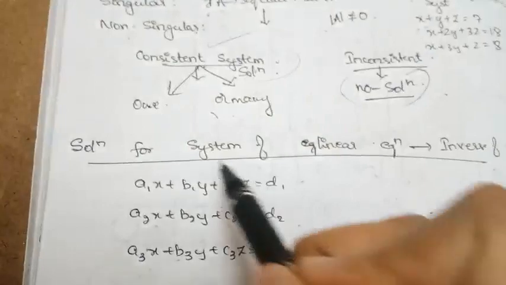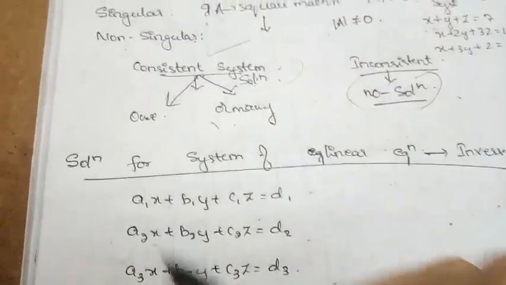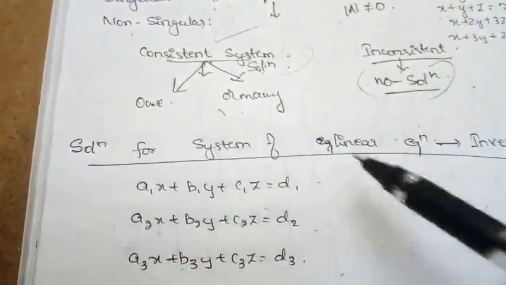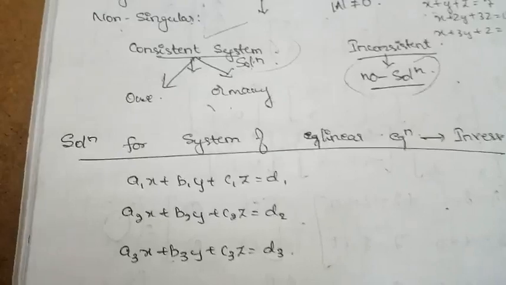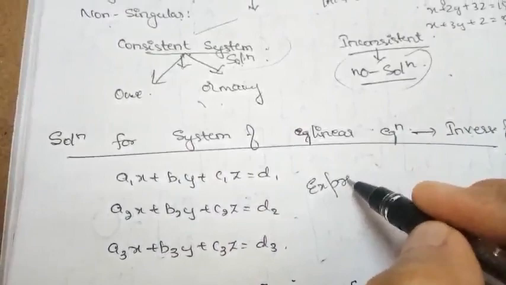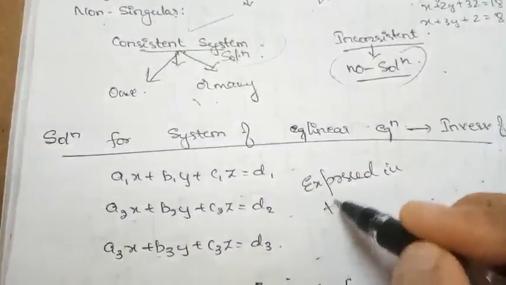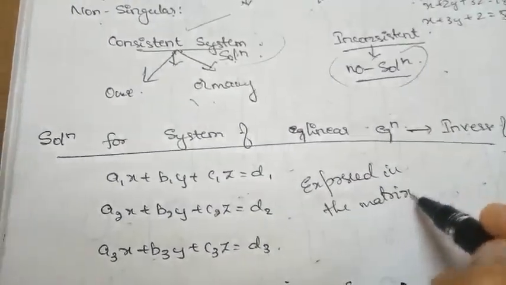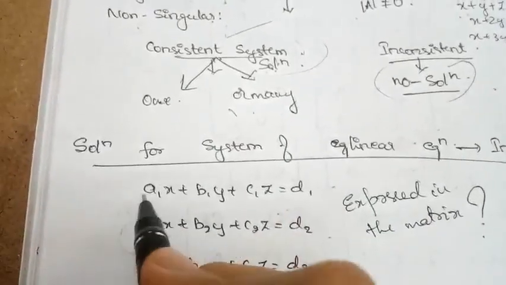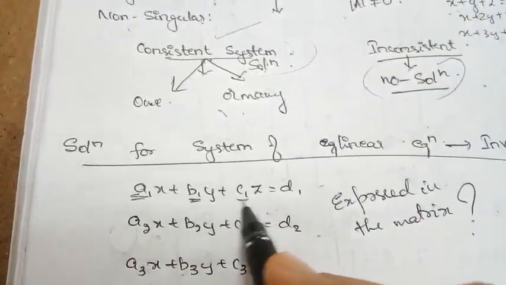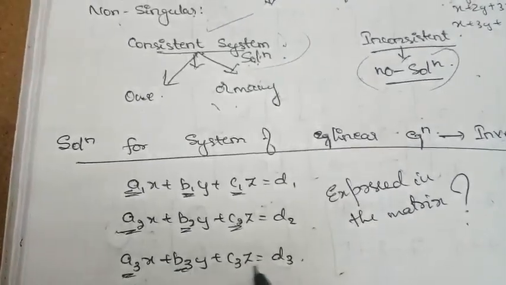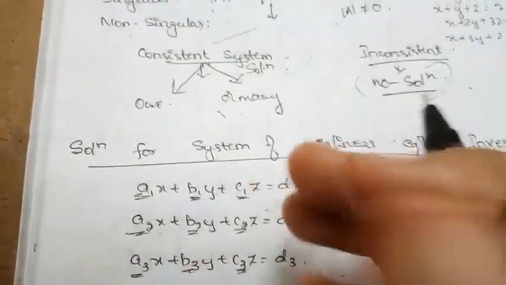Now let us move on to how we are going to solve a system of linear equations with the help of the inverse of a matrix. I have considered here one system in the general notation. This system can be expressed in the matrix form. How? Consider the coefficients, not cofactors, of x, y, z, the things which I have underlined, and put them in a matrix form.